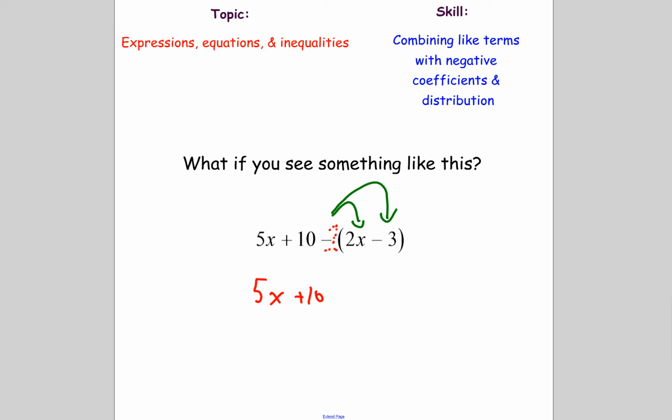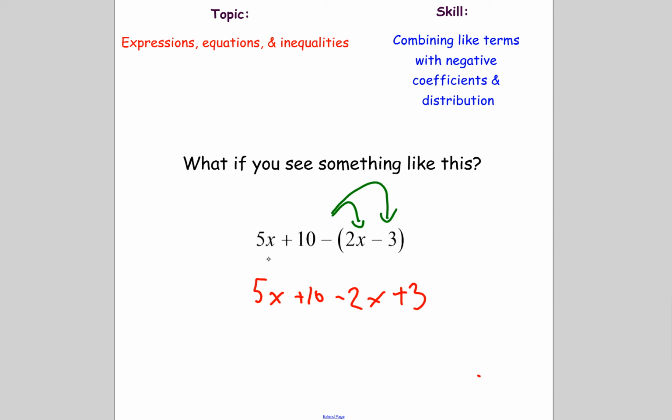All right. So negative 1 times 2x is negative 2x. And negative 1 times negative 3 is positive 3. So what we have here in our next line is, let me get rid of that little invisible 1 now.